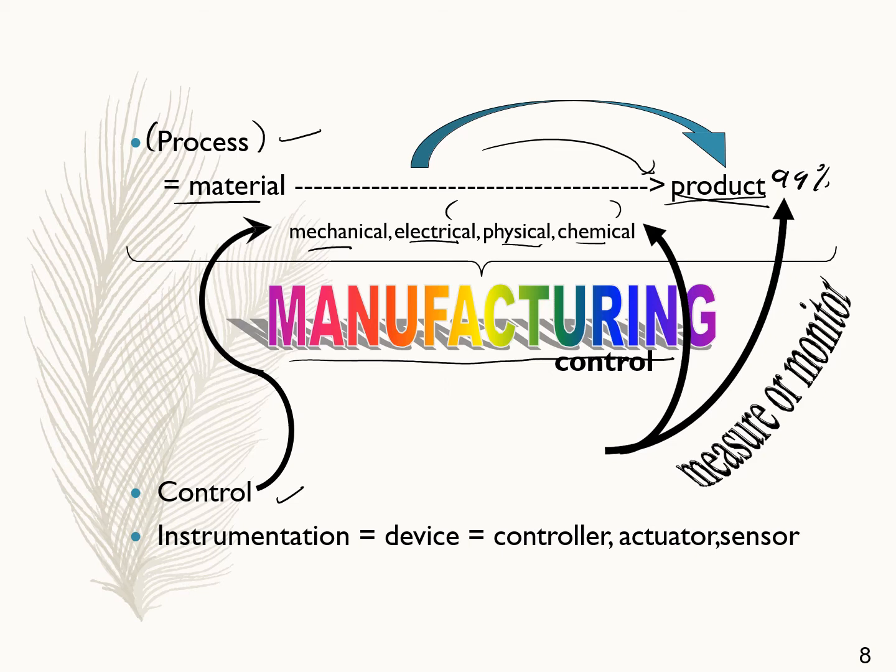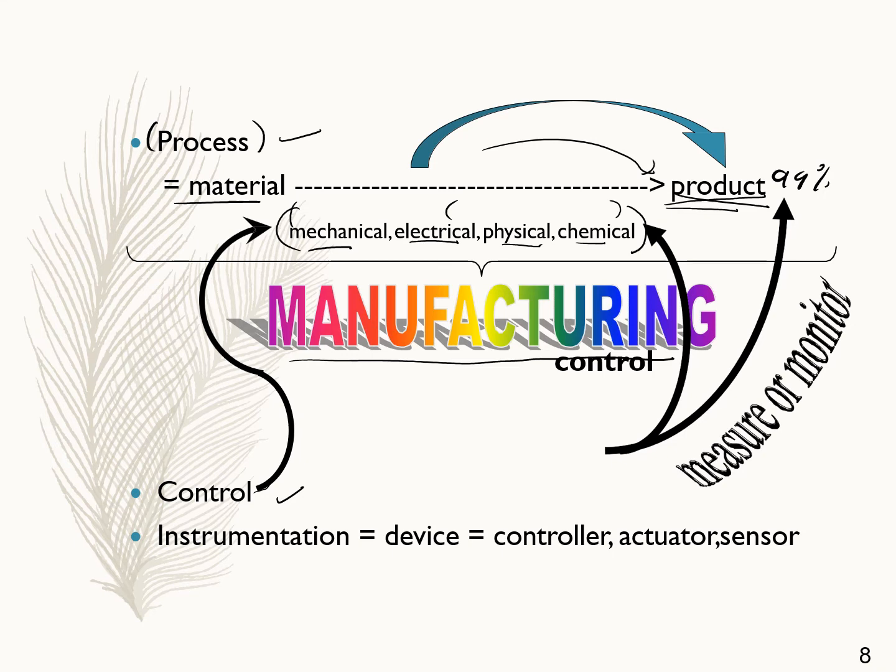So if this product has not achieved the desired value, then the process control needs to take an action, a corrective action to the process system, so that the end product will achieve the desired value that we set before.